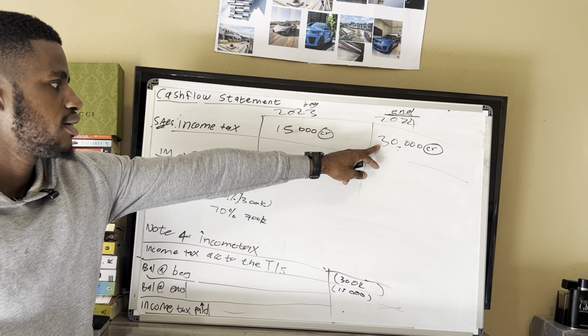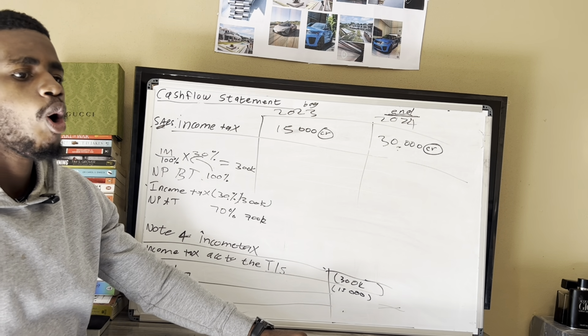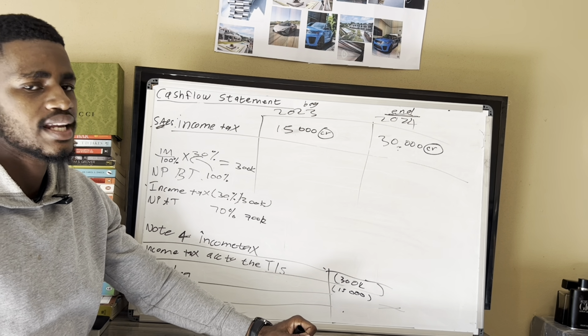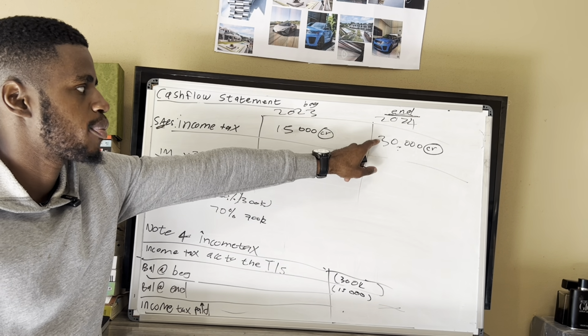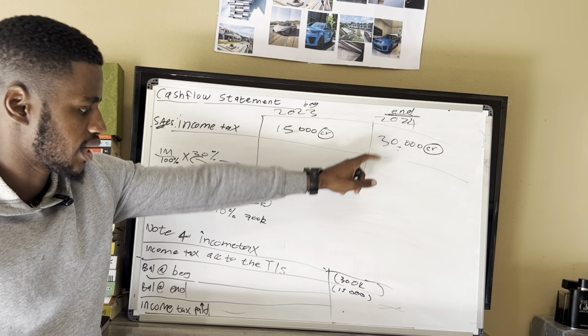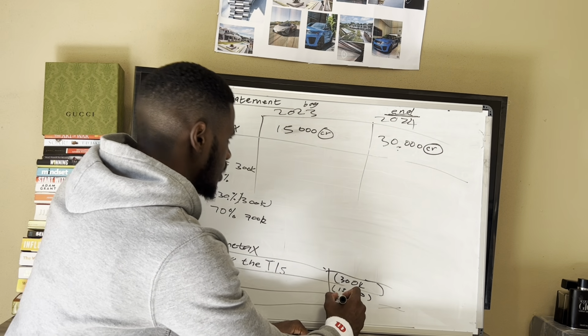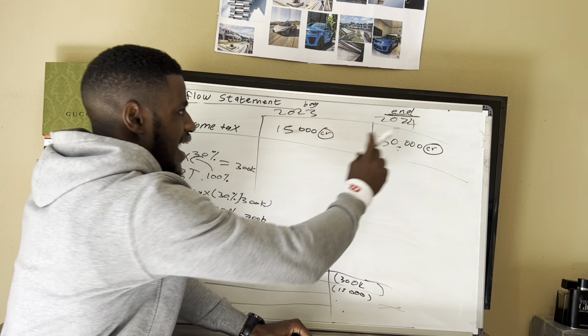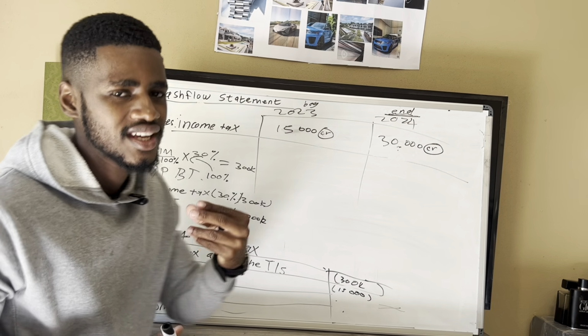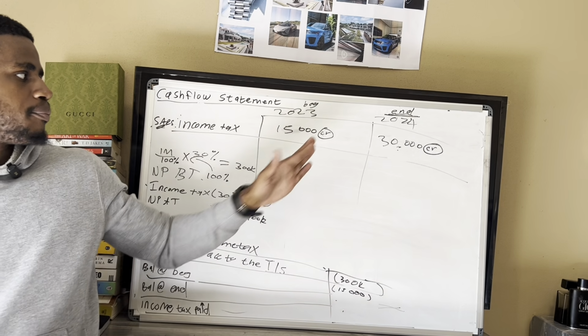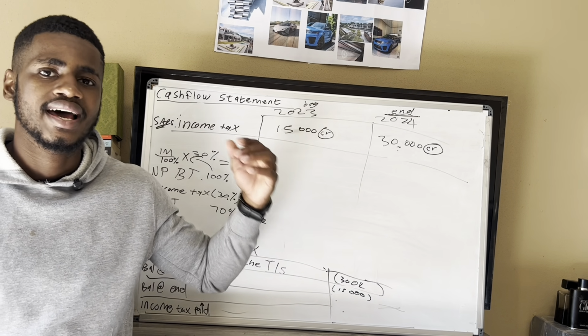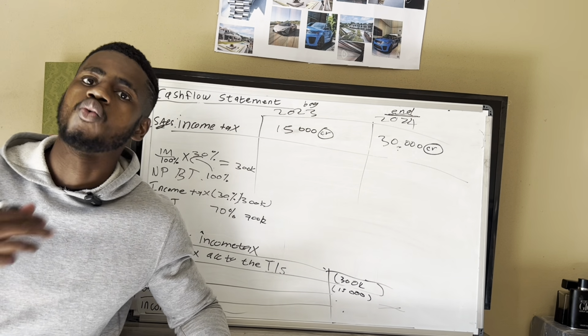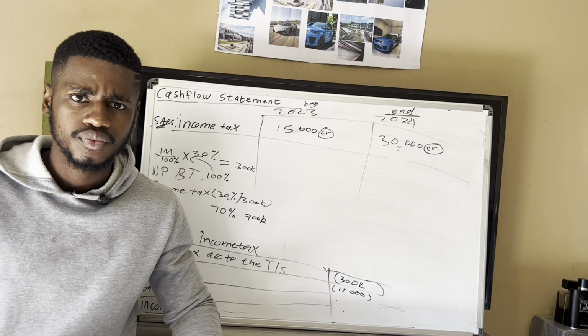Then at the end of the year, we are still owing SARS, which means that we did not pay this 30,000 during the year. If we did not pay it, remember, this is the beginning, this is the end. Don't confuse. Beginning, we were owing SARS.